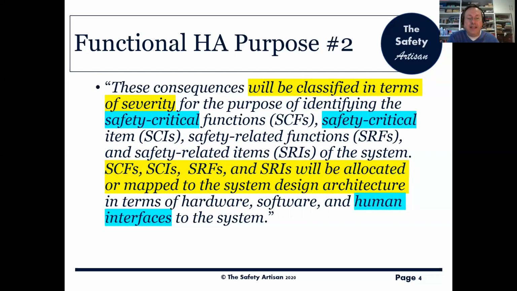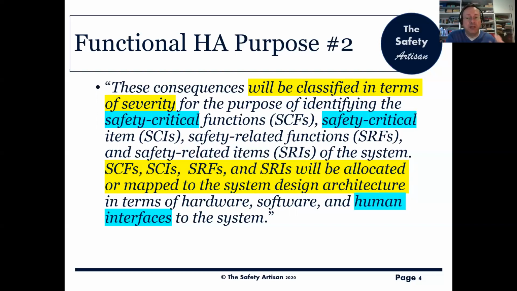And they're allocating these functions and these items of interest to hardware, software, and human interfaces. And I should point out, all these things are complex. Software is complex, human is complex, and we're talking about complex hardware. So we're talking about components where you can't just say, oh, it's got a reliability of X, and that's how often it goes wrong.